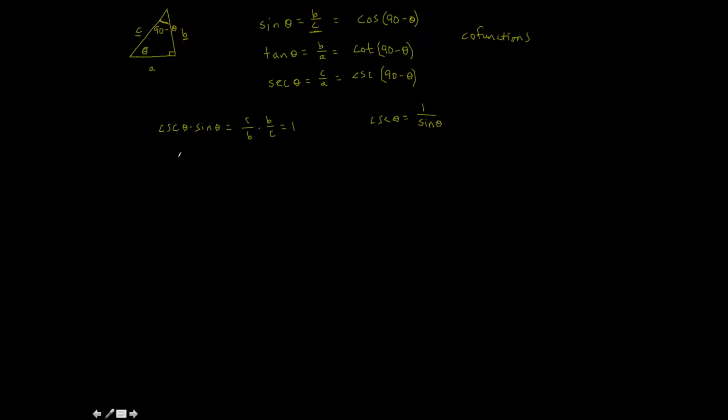Okay? Same relationship with secant theta and cosine. Same relationship with cotangent and tangent. So these are reciprocal. So we say that secant theta is 1 over cosine theta.